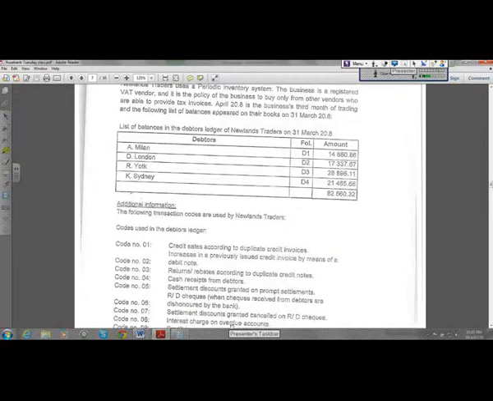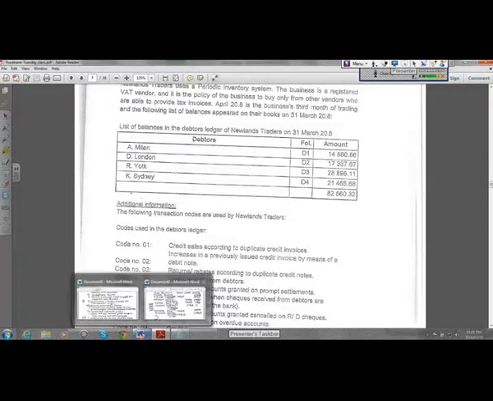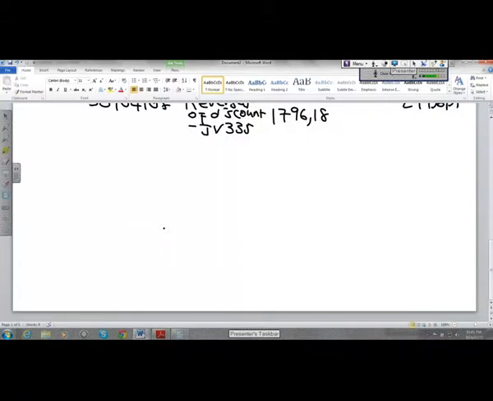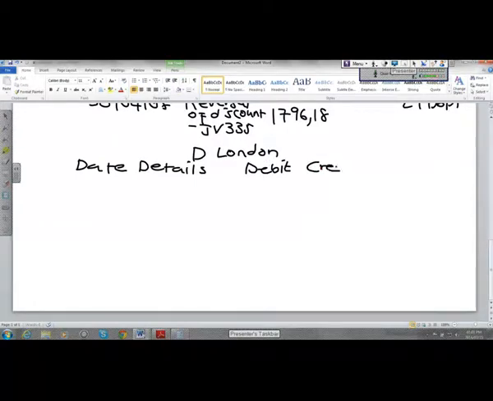Always we start with a balance. So you're going to say D London. We've got the date, details, debit, credit, and balance. We always start with a balance.